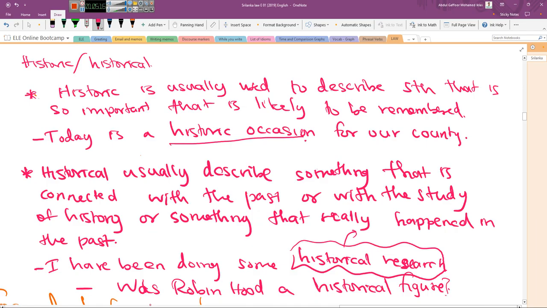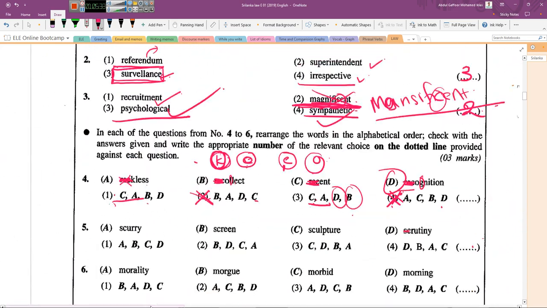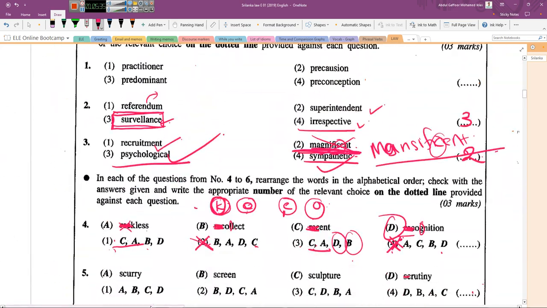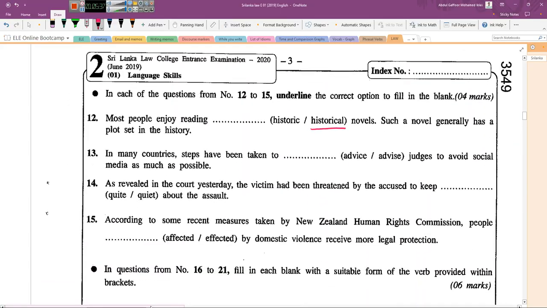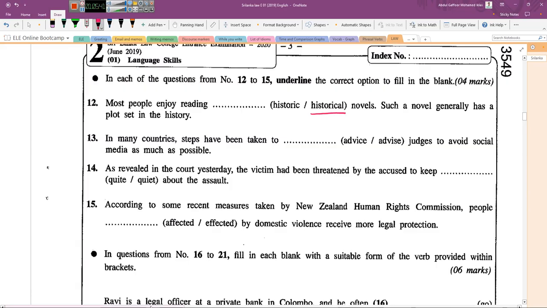Robin Hood is a character who symbolizes justice, right? So that's why they have included this question. If you observe the questions asked in the law entrance examination, most of the questions are related to law, justice and the legal system, right?